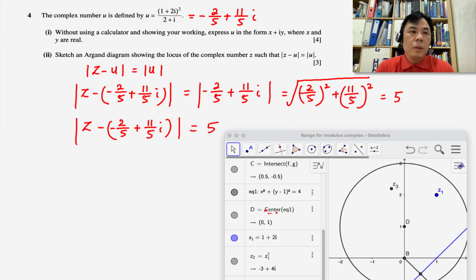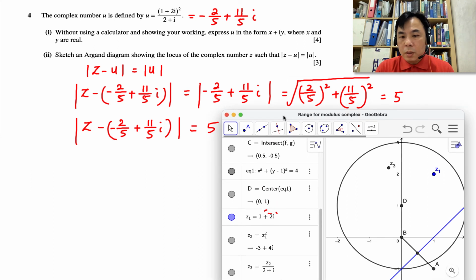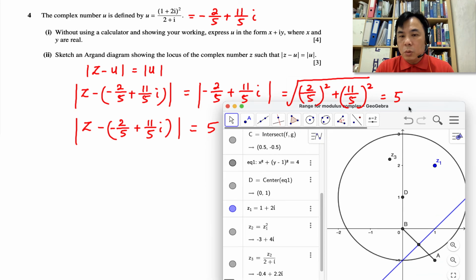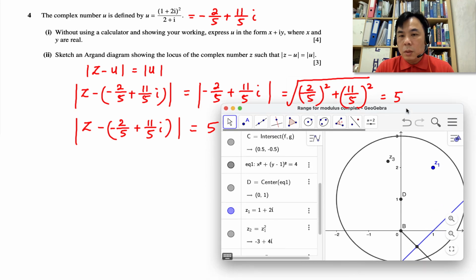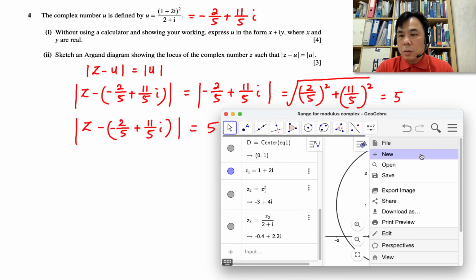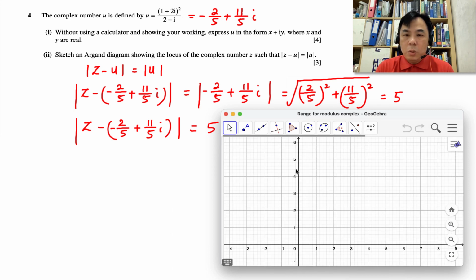Okay, and then I'm going to place it nicely over here. Let me clean it up properly. Right, now we need to have a circle. So let me get a new one here. Let me get it smaller a bit. Okay, this one, let me get a new one. We don't need to save this.